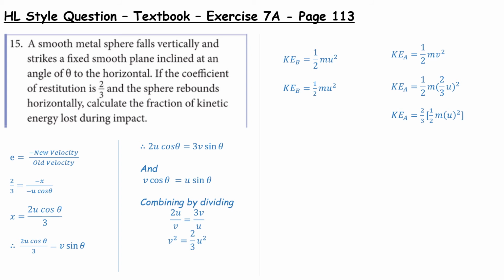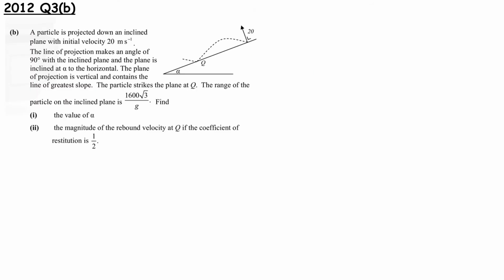So basically, the kinetic energy after is 2/3 the kinetic energy before. And the question asks us to calculate the fraction of kinetic energy lost during impact, and the amount that's been lost is actually a third, because if the before is full and the after is 2/3, then it must have lost 1/3 of the kinetic energy during the impact.